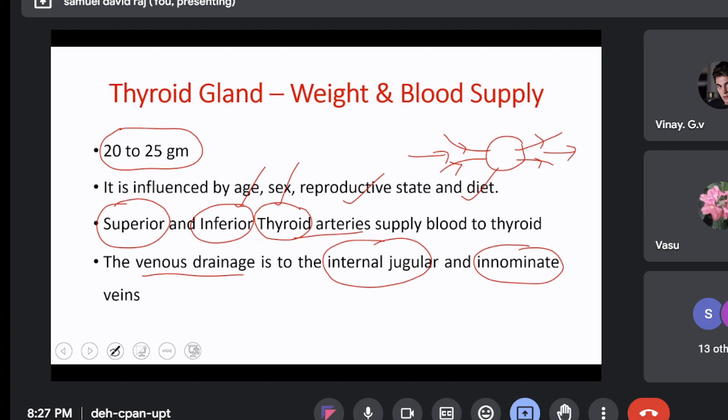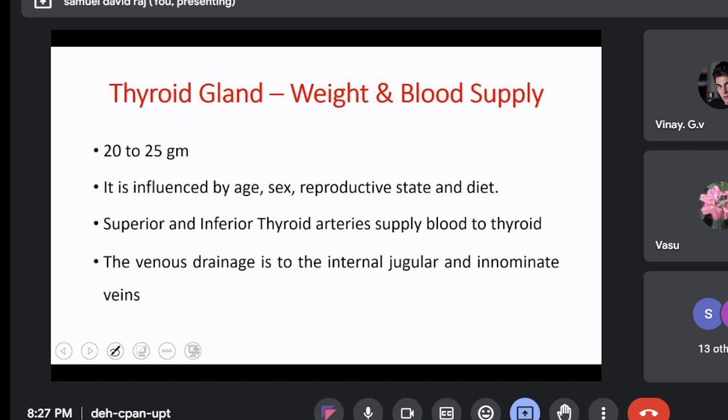The most important thing is that, for example, there is a particular organ, let us say the liver. The liver is said to be around 500 grams in weight. Let's say it requires 500 ml of blood. That means for every 1 gram, 1 ml of blood is required.